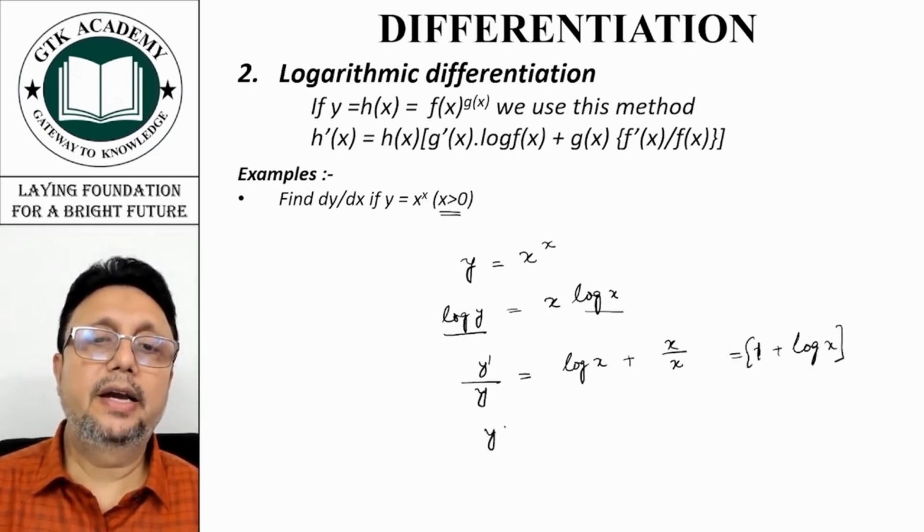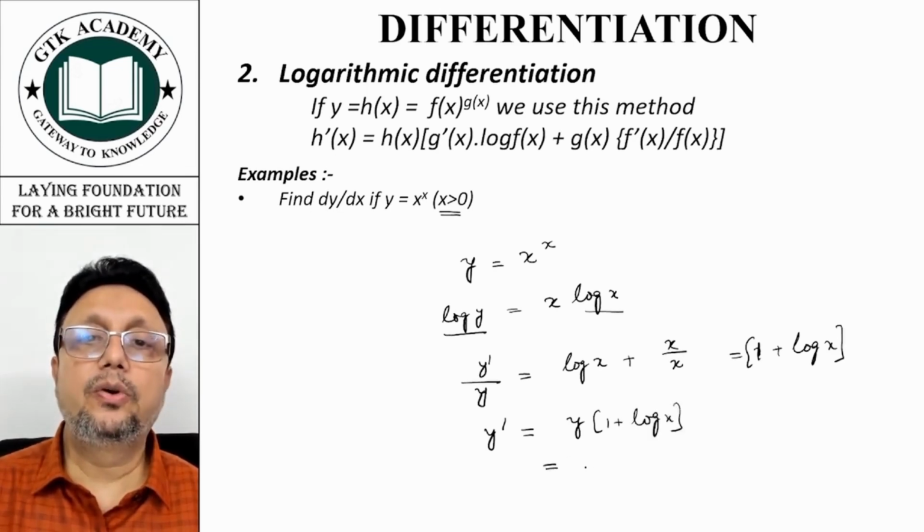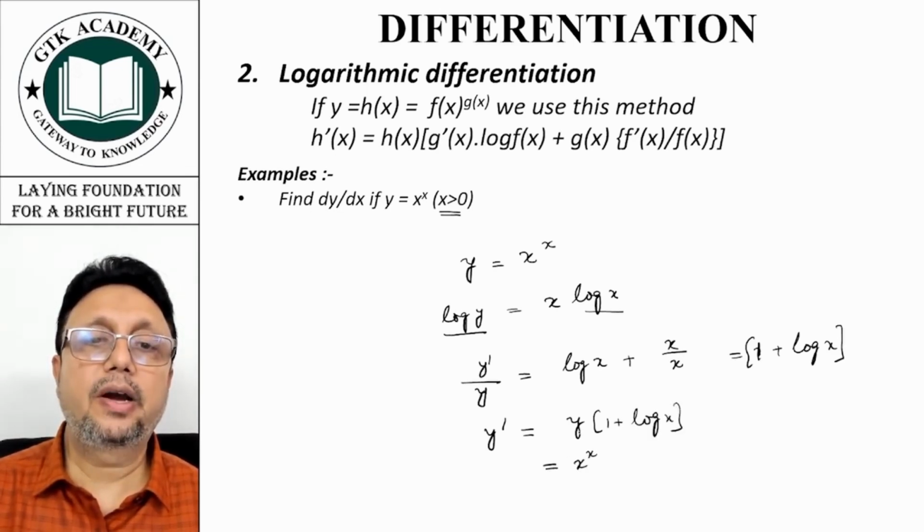So, y dash, that is dy by dx, is equal to y into 1 plus log x, which is equal to x raised to the power x, because y is x raised to the power x, 1 plus log x.